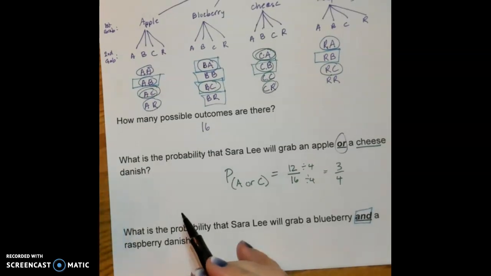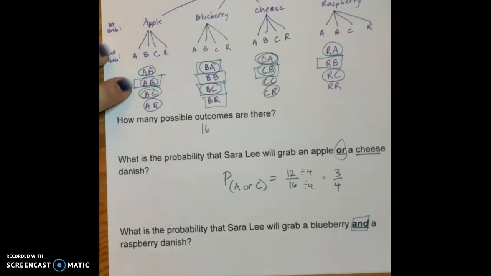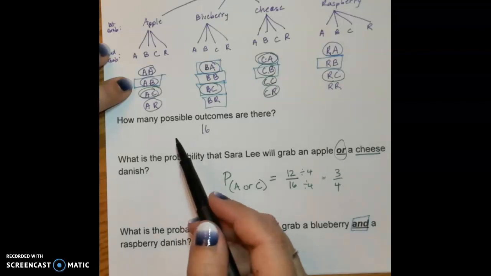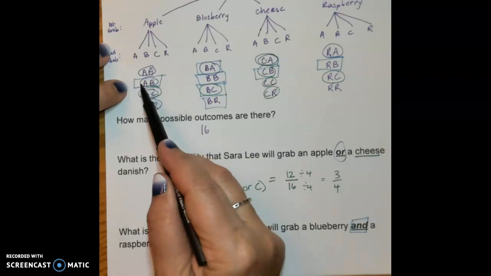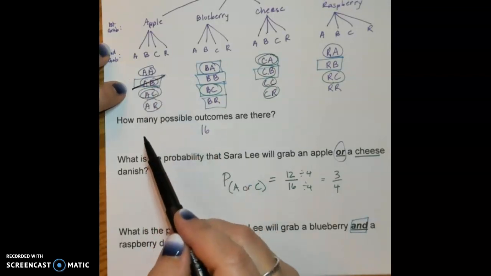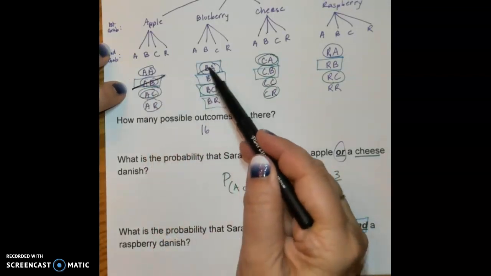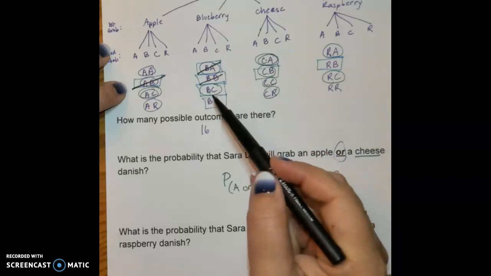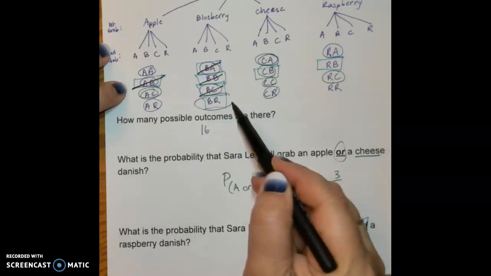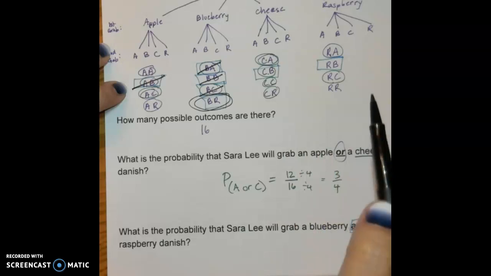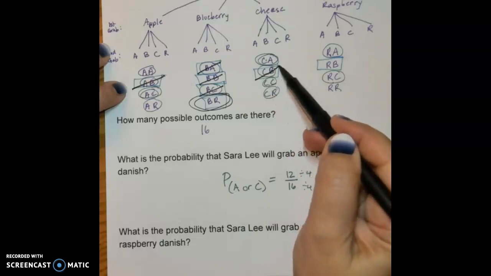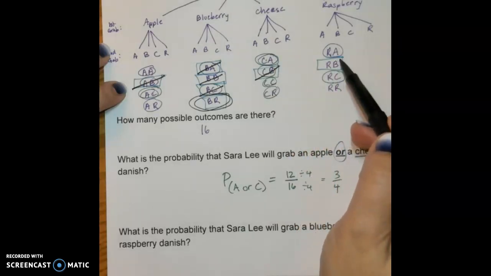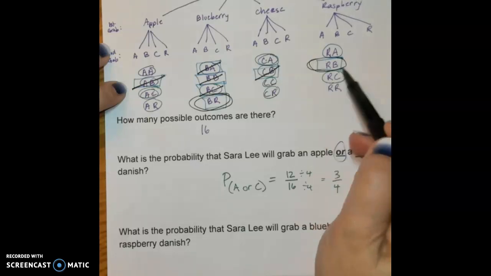Okay, so now I want to look at the blueberries I have and find out if any of the blueberries also have a raspberry with them. So this blueberry does not, and since it has to satisfy both, that one is out. No, I don't see a raspberry here or here, but hey, there's a blueberry and a raspberry. Nope, doesn't have both. This one does have both.